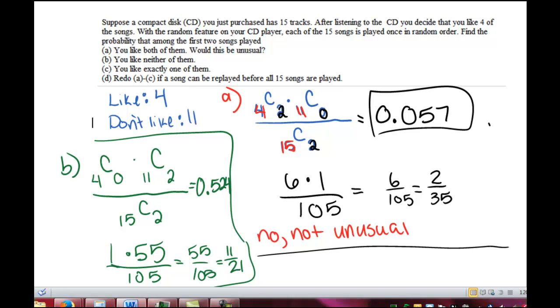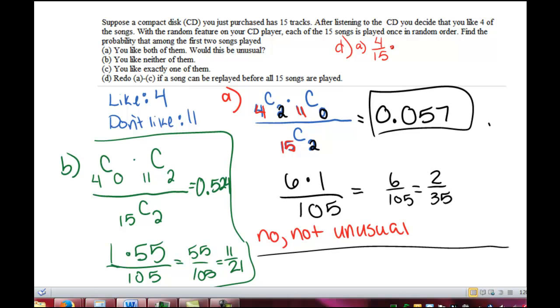So for D part A, the probability that we will like both of them, well, on our first song choice, we have a 4 out of 15 chance of getting the song that we want.